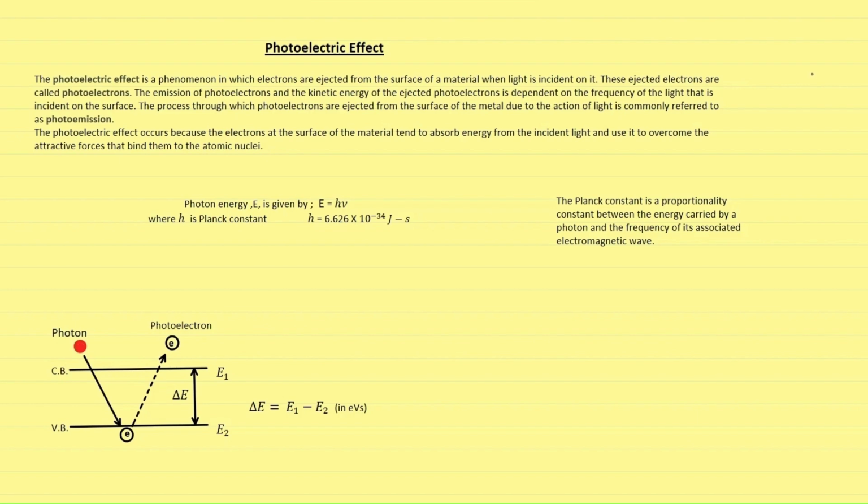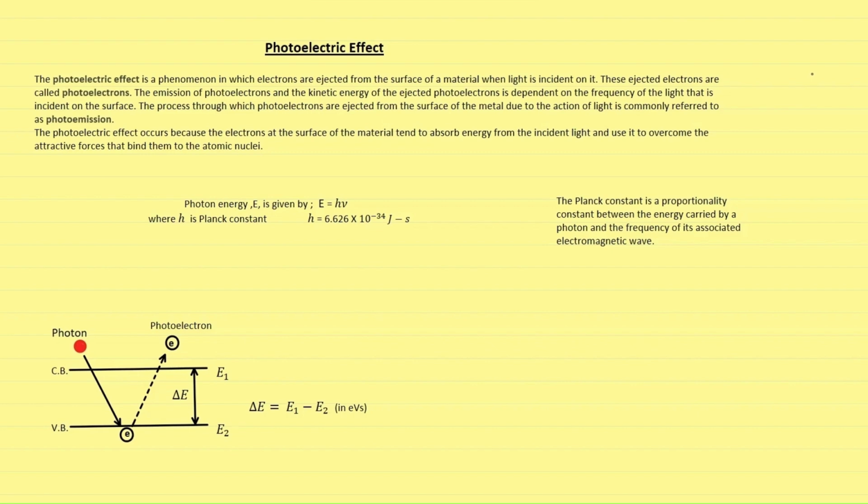The photoelectric effect occurs because electrons at the surface of the material tend to absorb energy from the incident light and use it to overcome the attractive forces that bind them to the atomic nuclei.